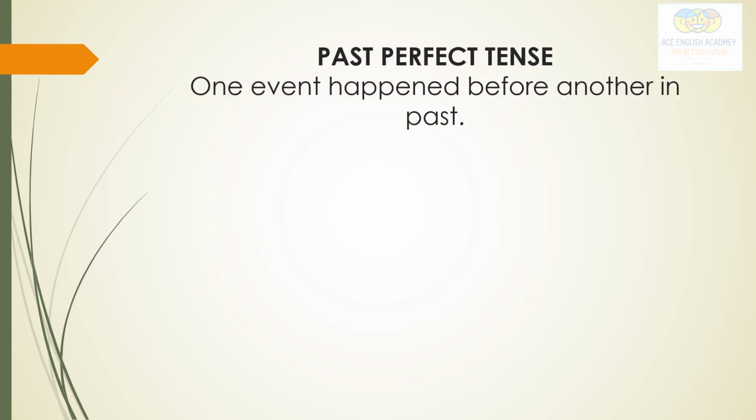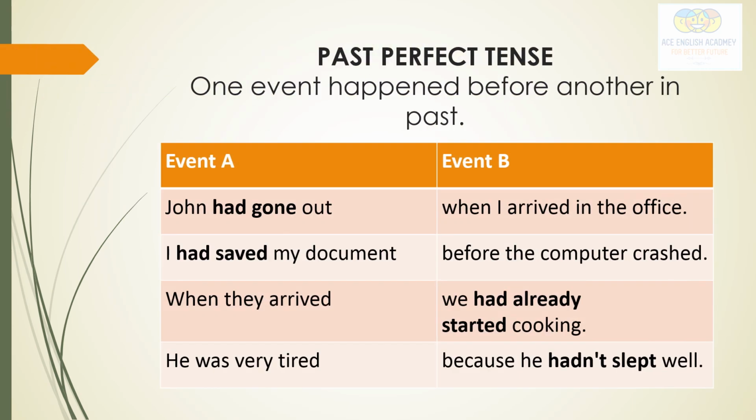See here examples. Past perfect tense: one event happened before another in the past. The first event is this, and the second event is this. John had gone out when I arrived in the office.